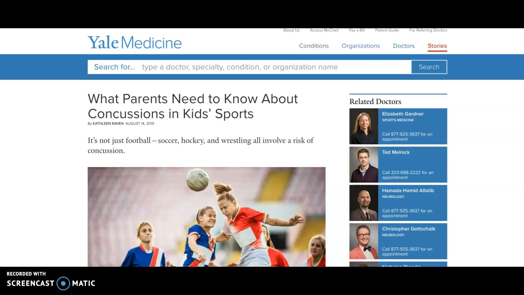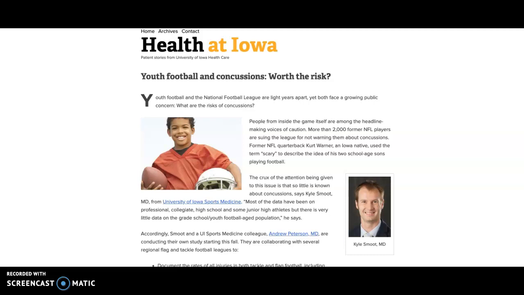I'm finding news articles that don't necessarily highlight a recent study, but the information is coming from such a prestigious place that there is automatic credibility behind the words. So in this case, from Yale Medicine. Or combining the idea of faculty research with news articles from universities of prestige.